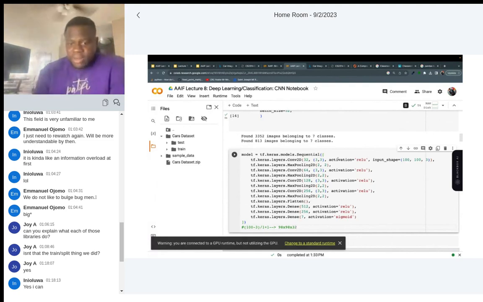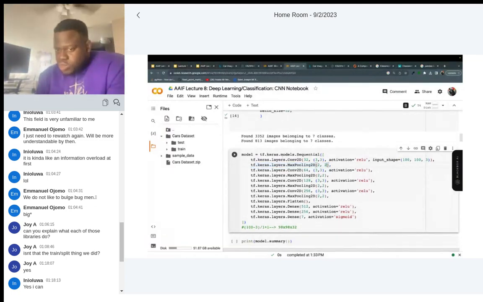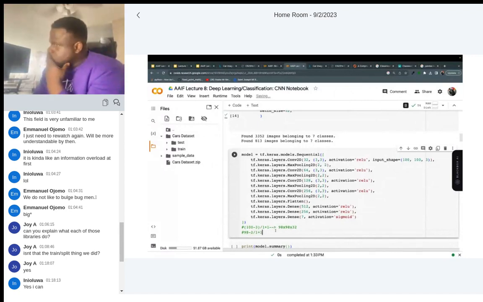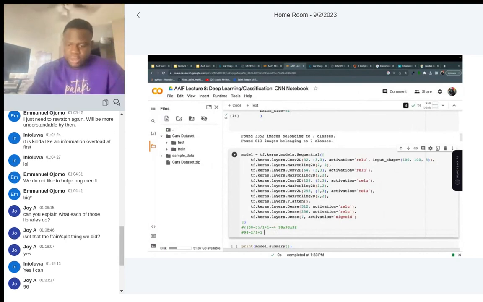Similarly, max pooling will come here. Max pooling will take that output of 98 by 98. You are going to do max pooling with 2 by 2. So in this case, with pooling, it's going to be 98 minus 2 over 1 plus 1. 98 minus 2 is what? 96.